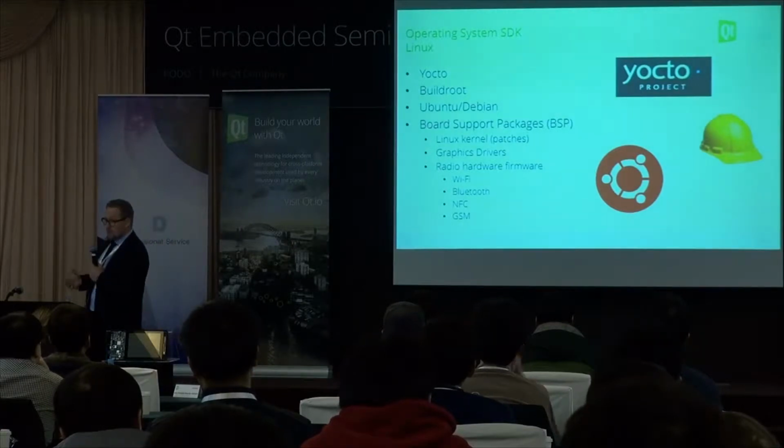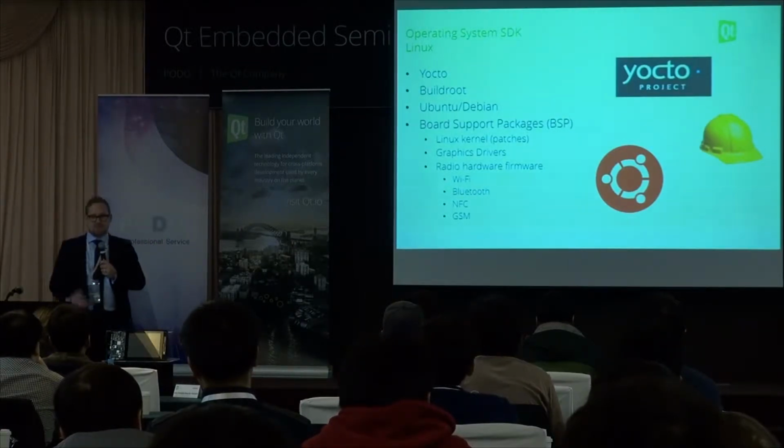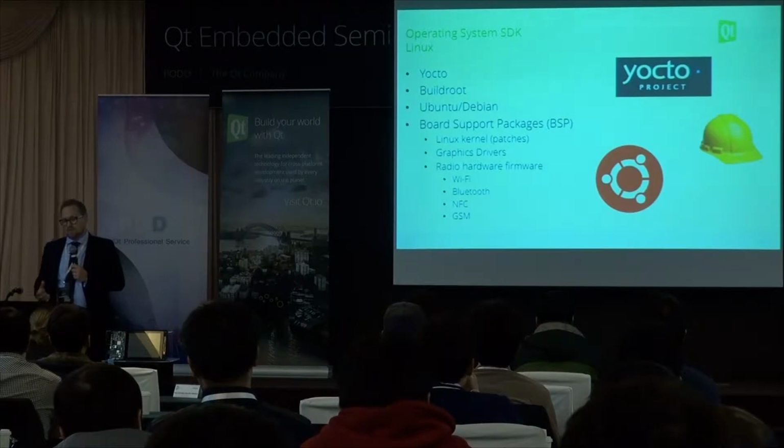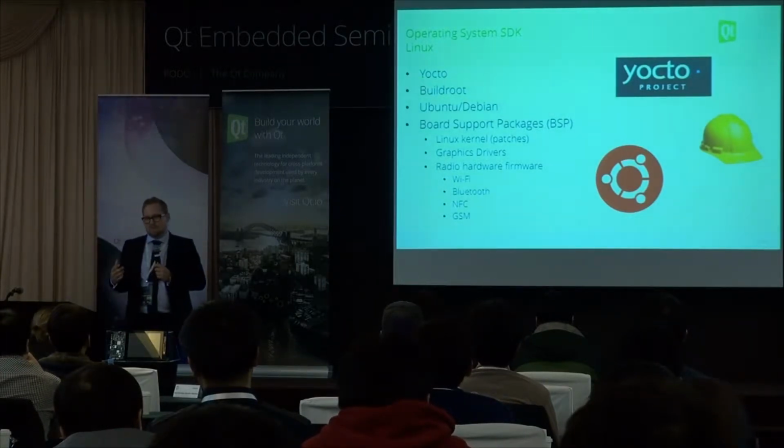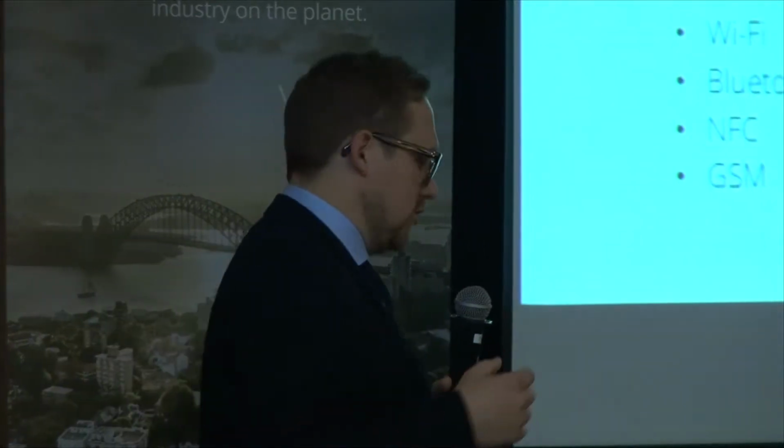So you have something like the Yocto project, which was briefly mentioned earlier. And Yocto is an extremely interesting and very powerful project. Yocto is defining a number of layers and recipes so that you can easily create a layer-based Linux distribution, basically.